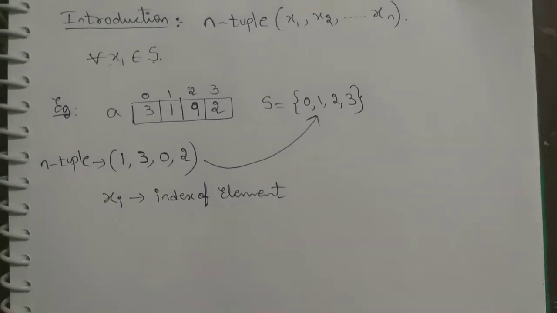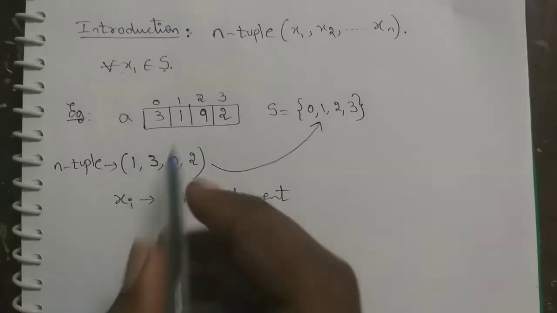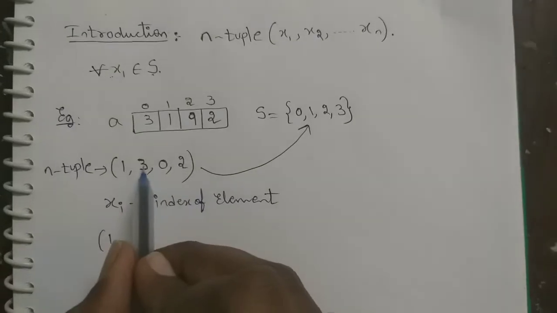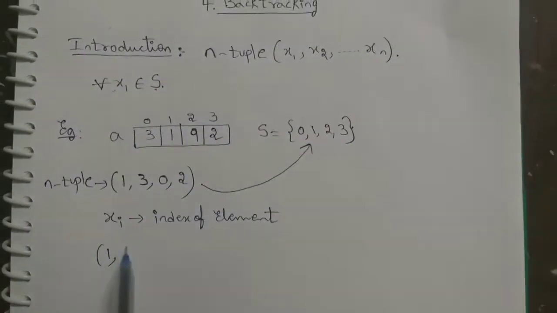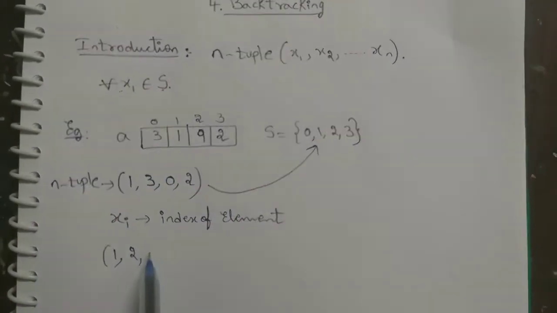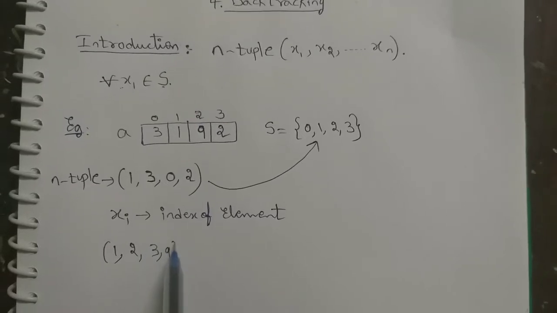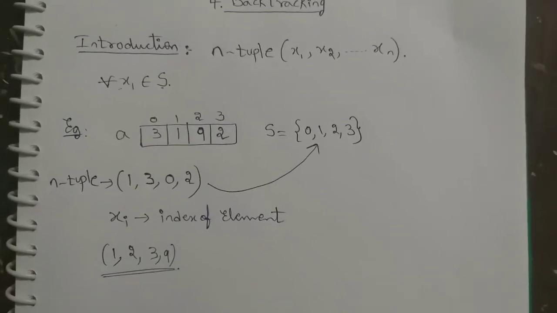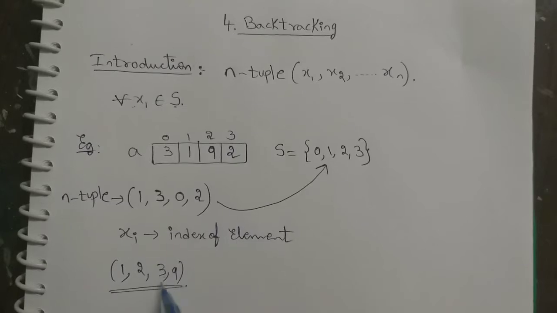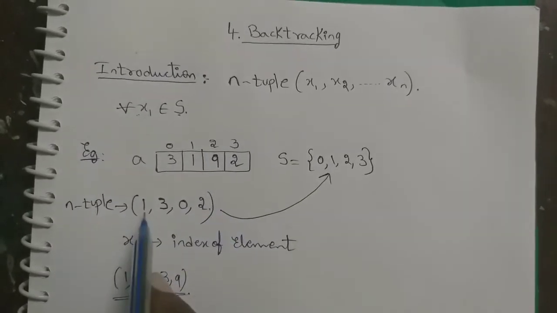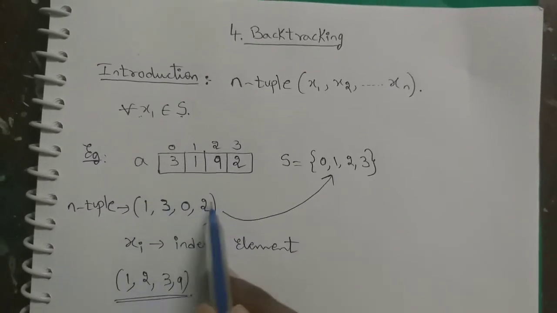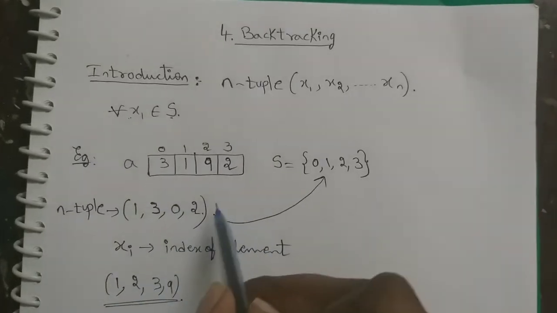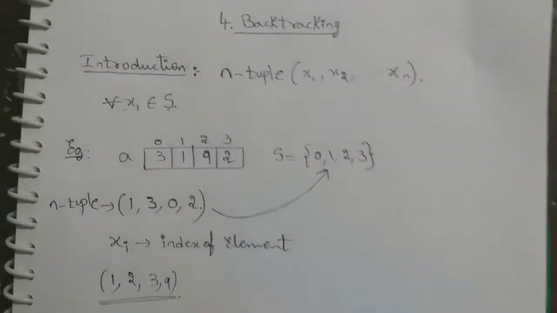Therefore, what is the solution? 1 means index 1, which is element 1. 3 means index 3, which is 2. 0 means index 0, which is 3. So 1, 3, 0, 2 is the solution vector, which is the answer. We represent this answer in the form of the solution vector, which represents the indices of every element. In this way, we represent the solutions of backtracking.